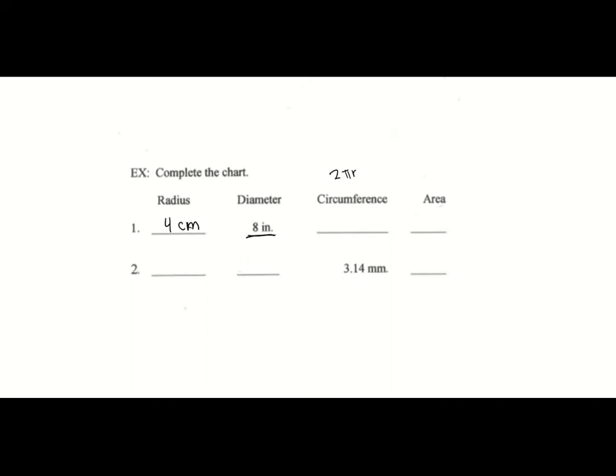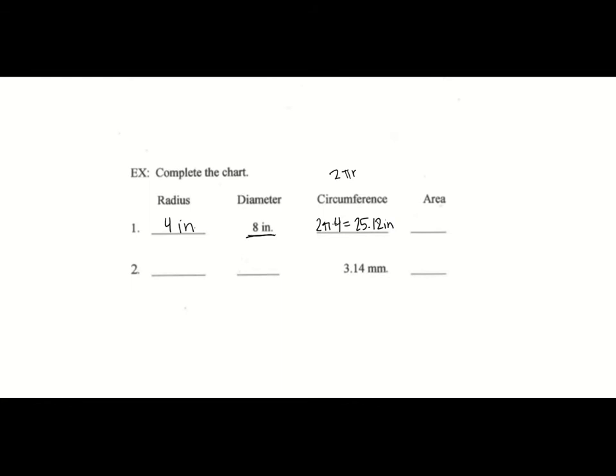So when we plug in our radius of 4 here, we have 2 times pi times 4, which gives us, when we plug that in, 25.12 inches. And this should be inches over here, not centimeters.